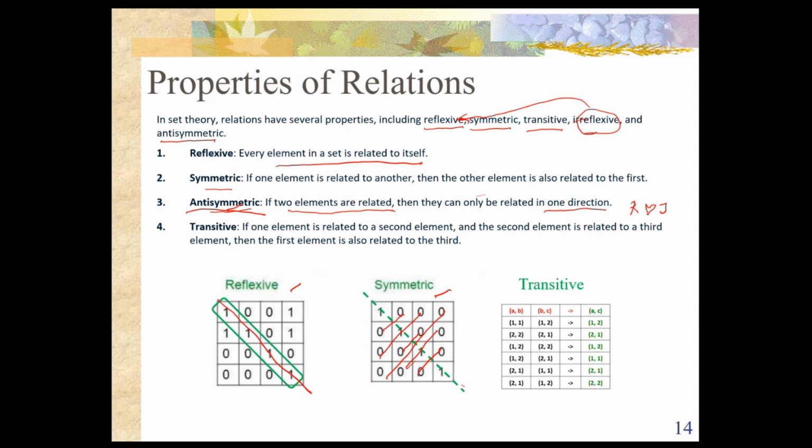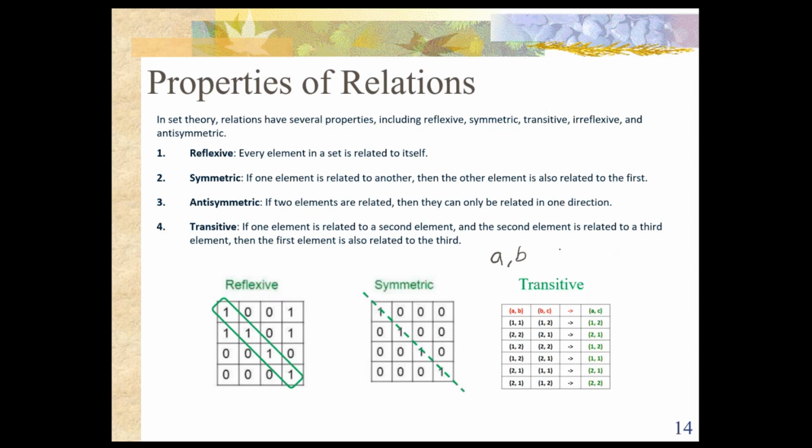The last property of the relation matrix is transitive. The idea of transitive is such that if there is a relationship between A and B, and there is a relationship between B and C, then is there a relationship between A and C?